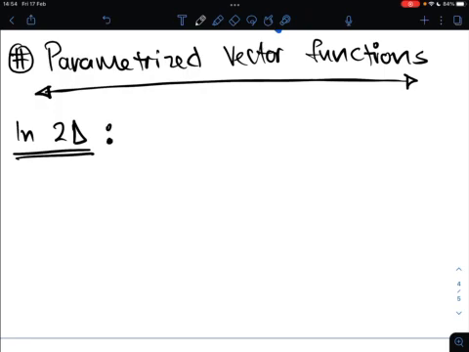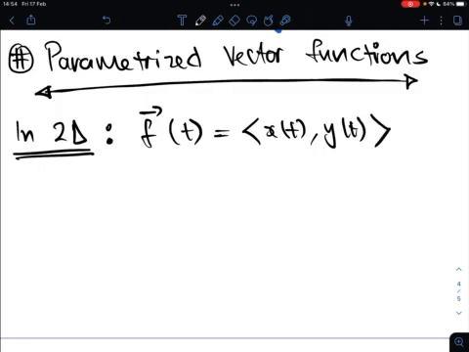You see that? So in 2-dimensional space, a parameterized vector function is a vector function of the form f(t) equals (x(t), y(t)), like that. You see that?